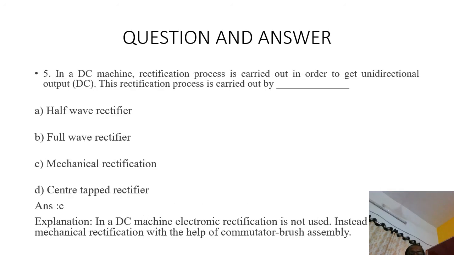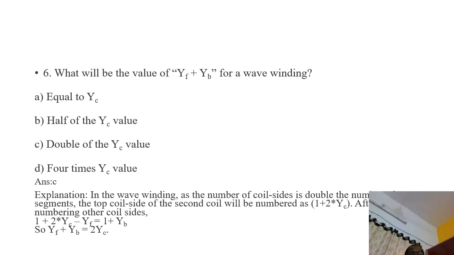Next, in a DC machine, the rectification process is carried out in order to get unidirectional output. The rectification process is carried out by mechanical rectification. Answer C. What will be the value of y plus y by y? You know that one is double the value.